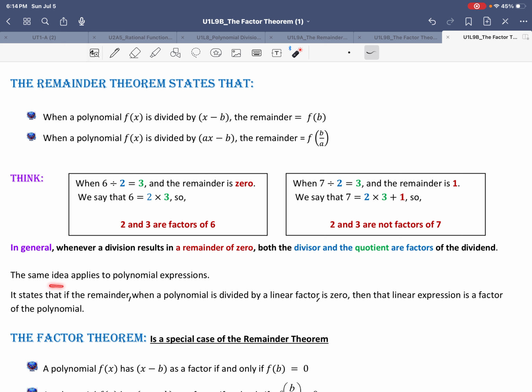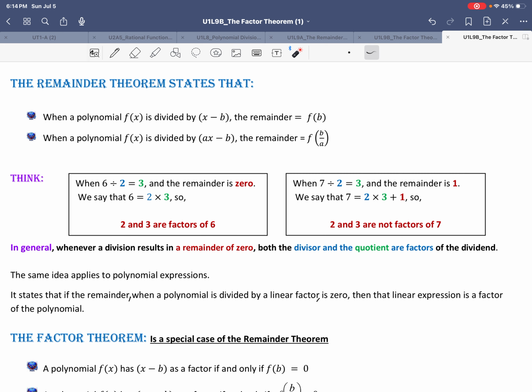Now, the same idea applies to polynomial expressions. If the remainder, when a polynomial is divided by some linear expression, is 0, then that linear expression is a factor of the polynomial.